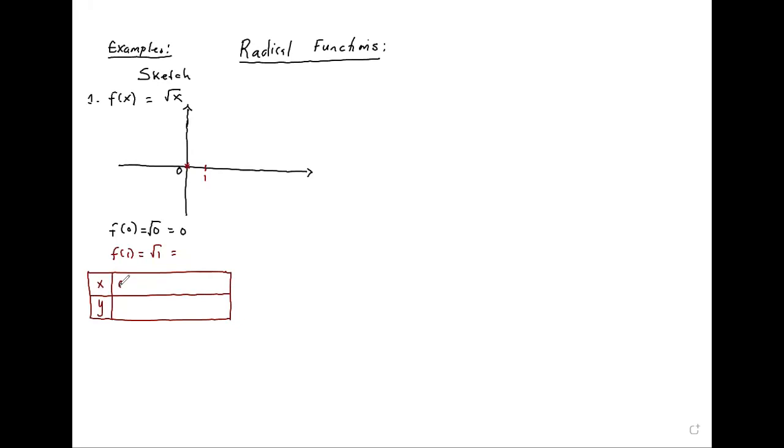If you try to use a negative number in this table, suppose we use negative 4, then 0, 1, 4. Let me also put 9. We'll have f of negative 4 will be the square root of negative 4, which is not a real number.